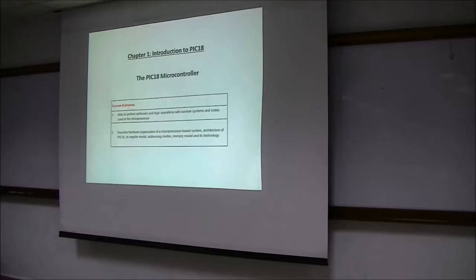And you will also start using some programming language to perform those arithmetic and logic operations. The second one is you should be able to describe the hardware organization of a microprocessor-based system, the architecture of PIC 18, its register model, addressing modes, memory model, and its technology.